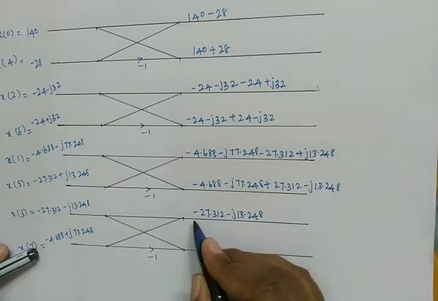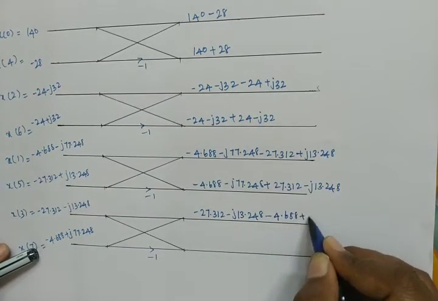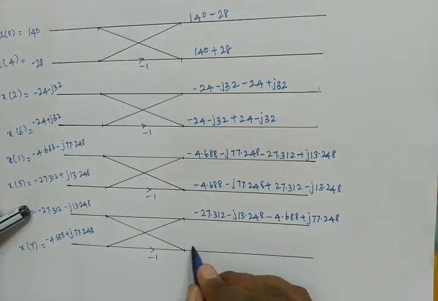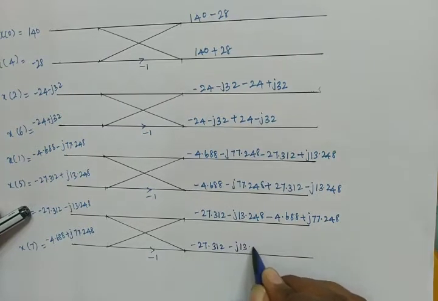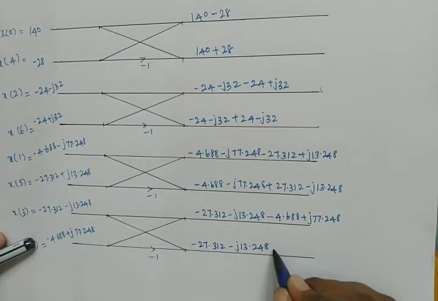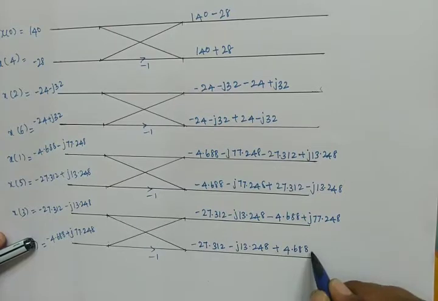Now take this line, minus 4.688 plus j 77.248. Now check this line, minus 27.312 minus j 13.248. Here multiply this with minus 1. So minus into minus will become plus 4.688 and plus into minus will be minus j 77.248.